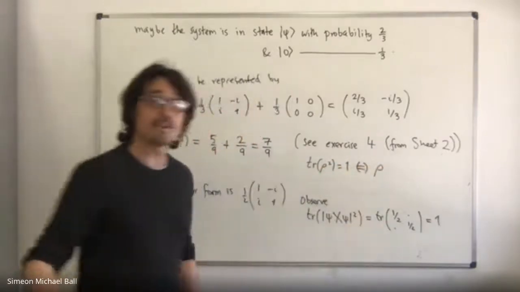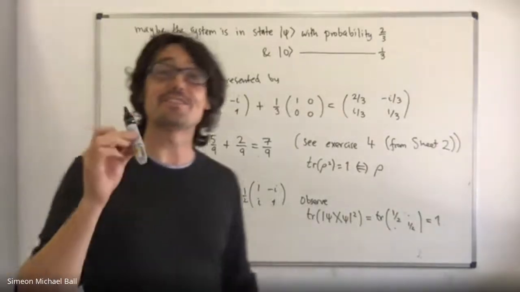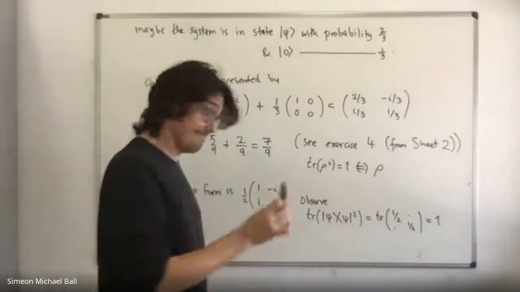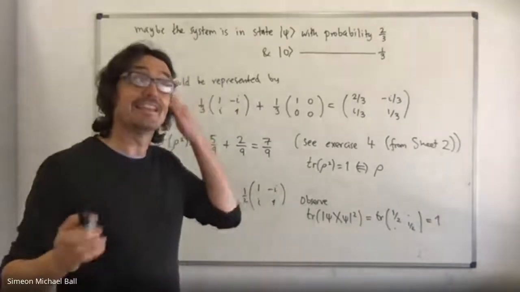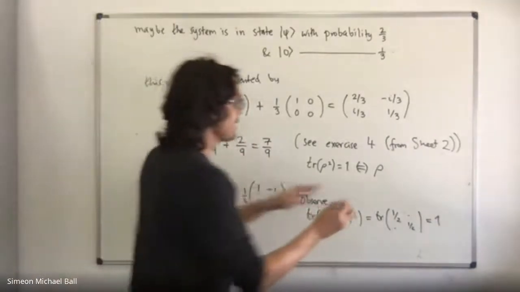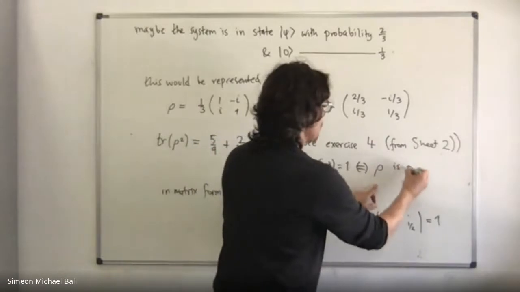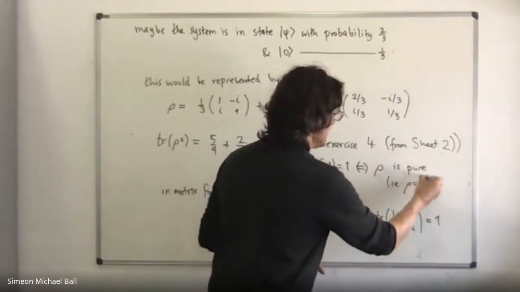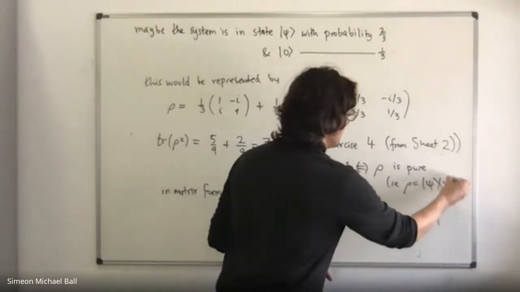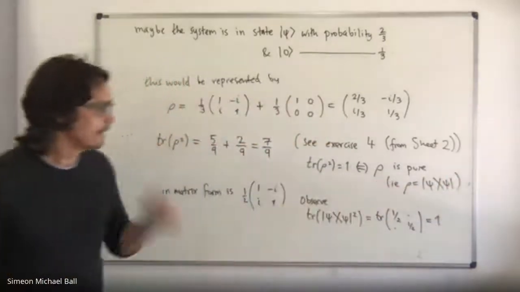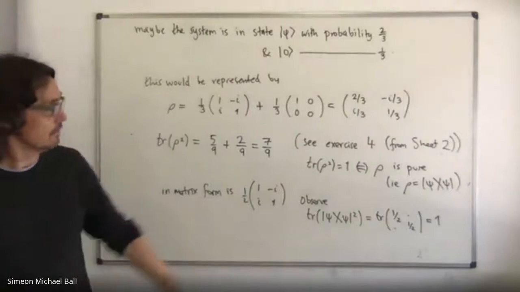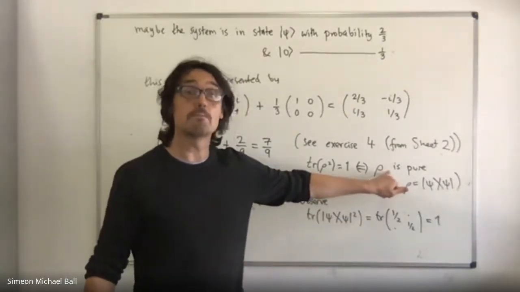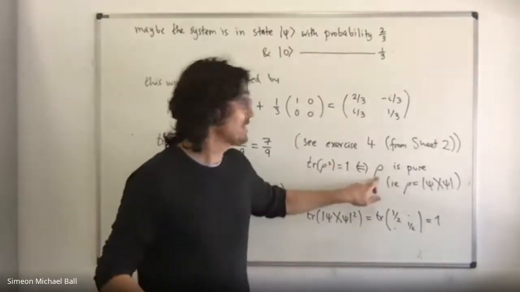And now I'm going to do a seemingly strange thing. I'm going to say the density operator is pure, i.e., this is equal to this for some psi. Okay, so we better get used to the language because it's used all the time. They call it a pure state, even though it's a density operator.